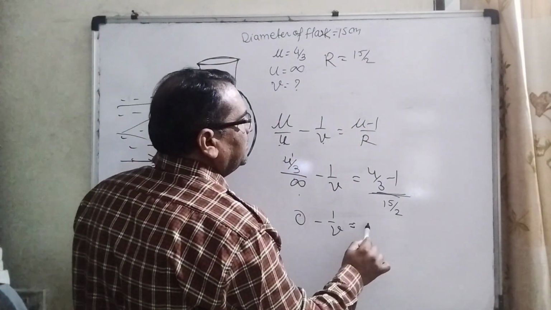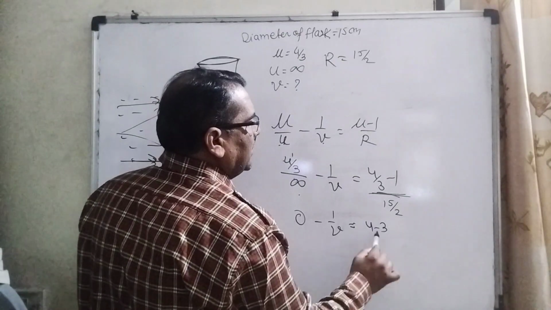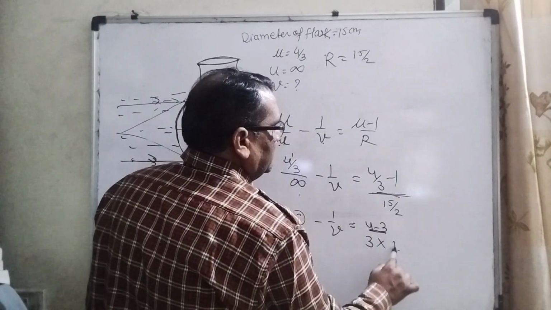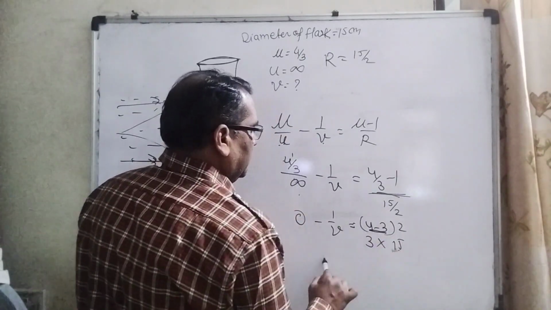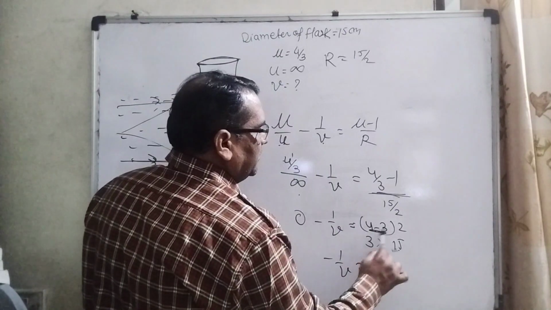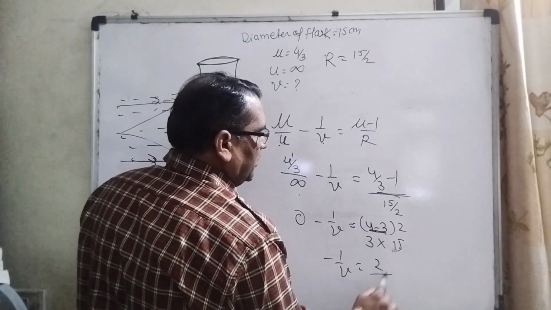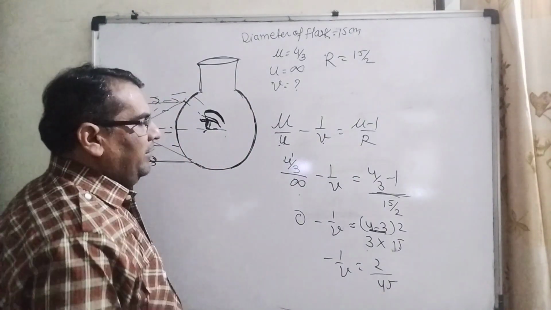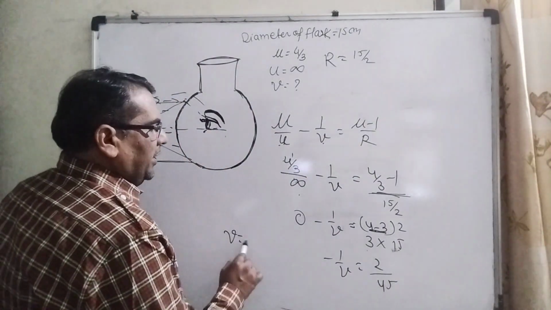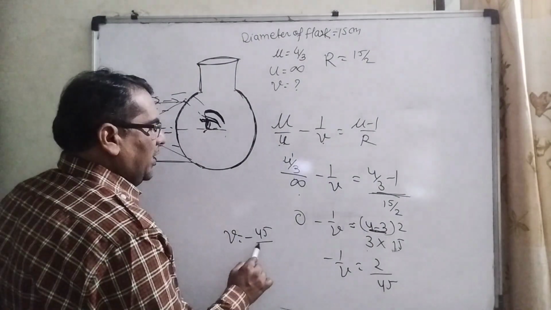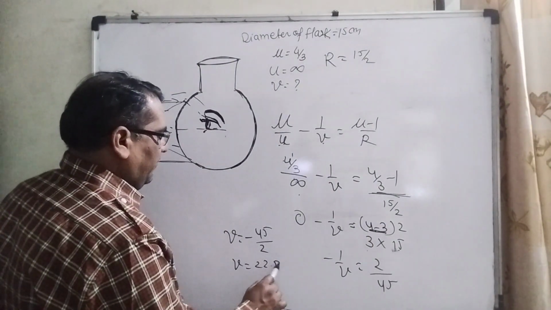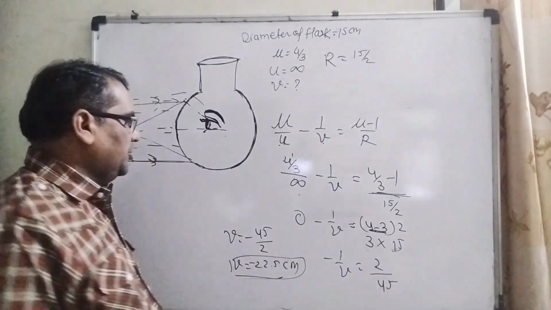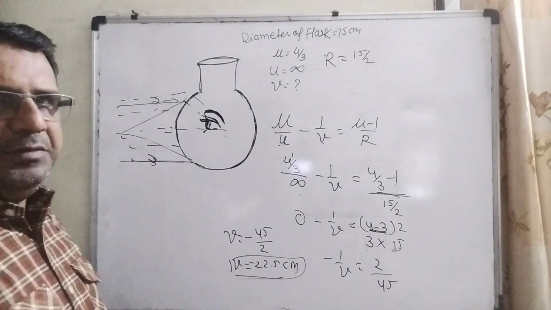Now substitute the values: 4 minus 3 by 3, and 15 into 2. Then it becomes 1 into 2, that is 2, and 15 times 3 is 45. Then v can be written as minus 45 by 2, that is minus 22.5, in centimeter. So your answer, minus 22.5 centimeter, is correct.